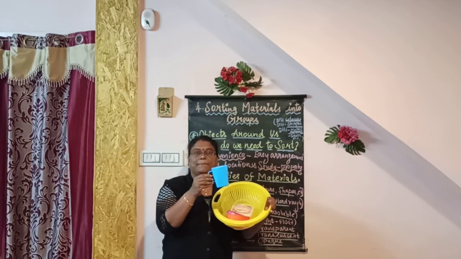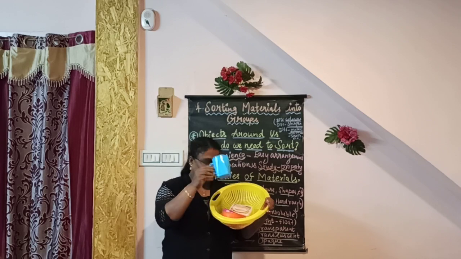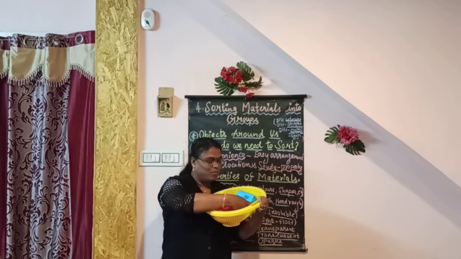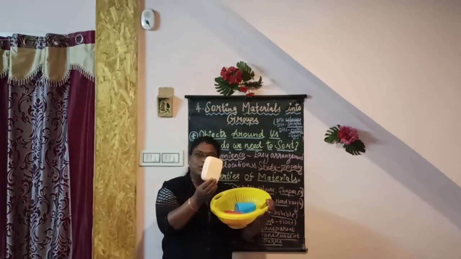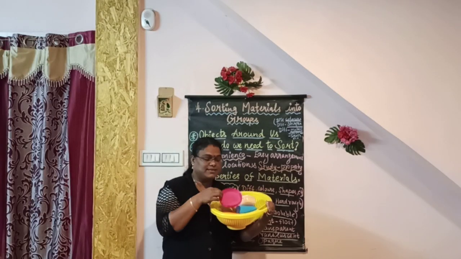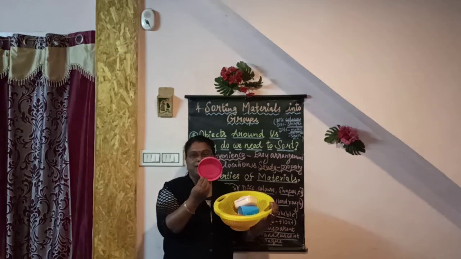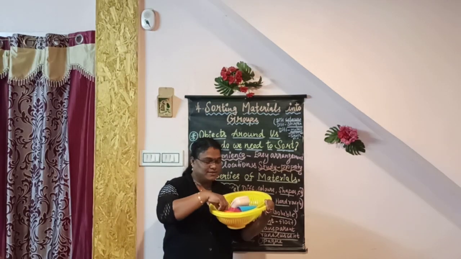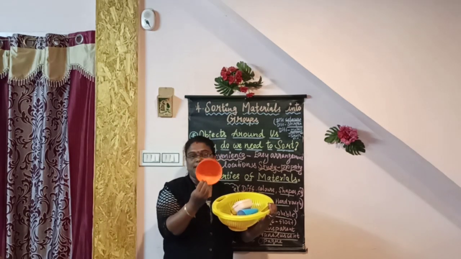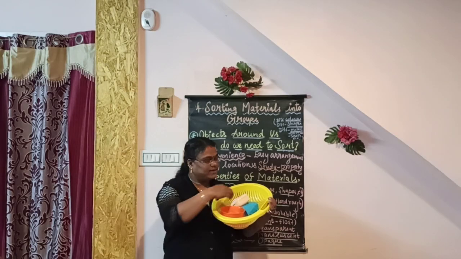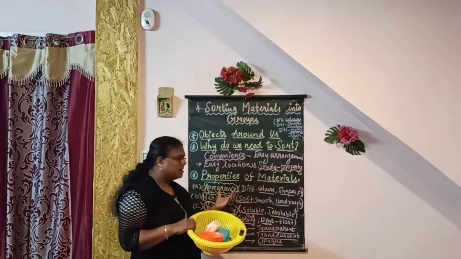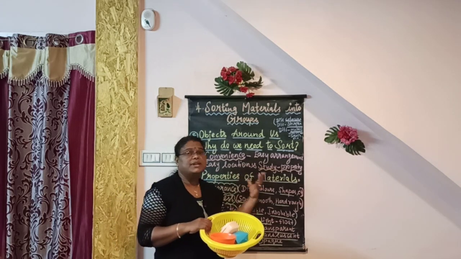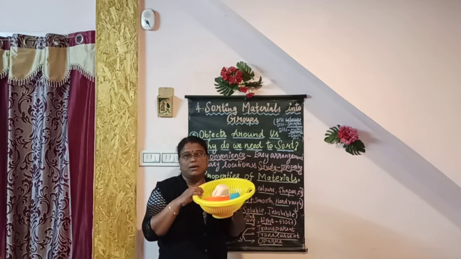This is blue in color and it is cylindrical in shape, and this box is rectangular in shape and it is light orange in color, and this is pink in color and it is round in shape, and this is orange in color, again it is round and hollow, and this basket is yellow in color which is oval in shape. So these are the different appearances of objects.